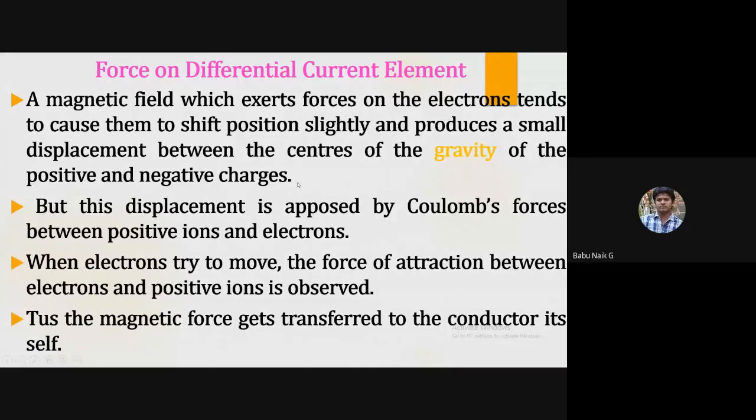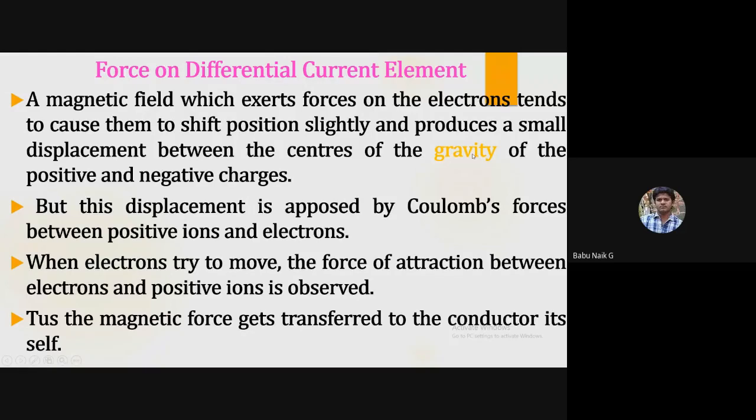So when we calculate the magnetic force due to the motion of positive and negative charges, it causes a very small displacement, a small difference between the centers of gravity of the positive and negative charges.